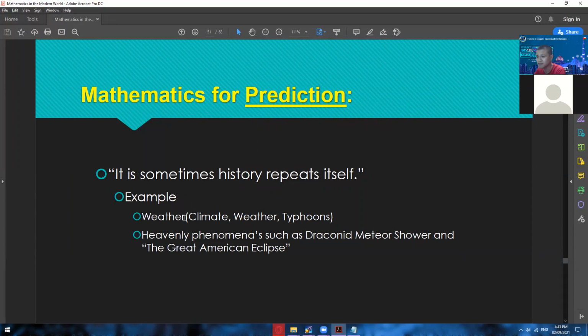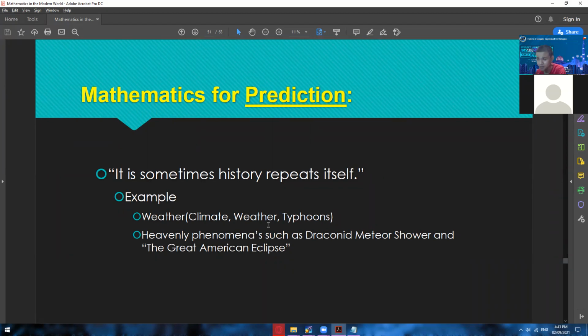For example, the climate or the typhoons. We already know how many typhoons pass through here in the Philippines, an average of 16 to 20, or 16 to 25, I'm not sure anymore. But we have already predicted the minimum count of typhoons that will pass through the Philippines.